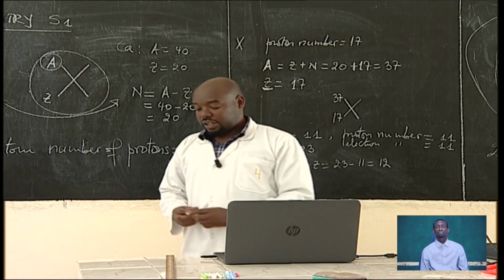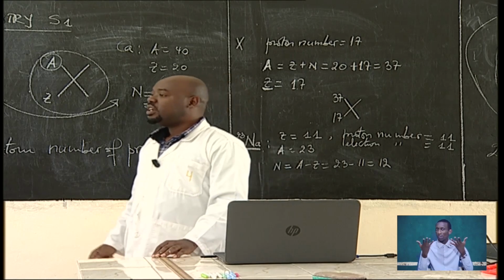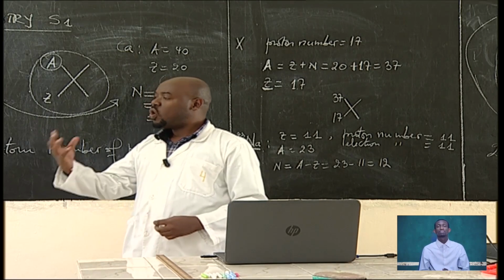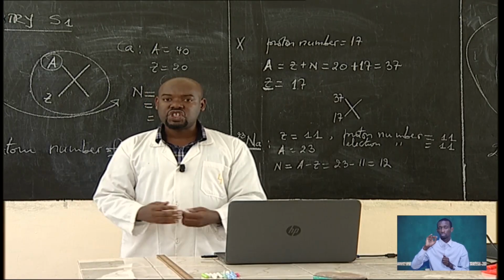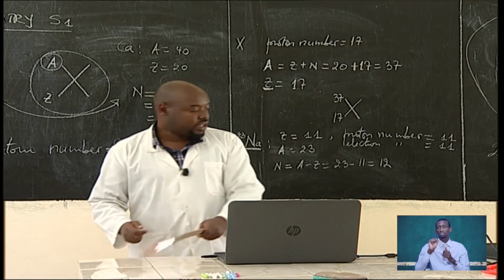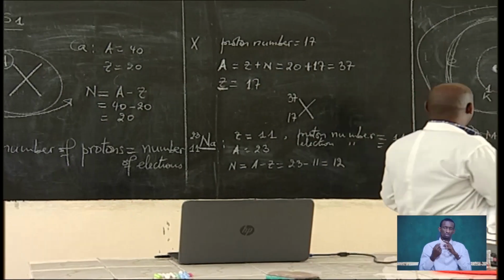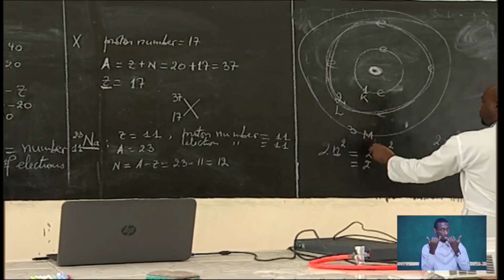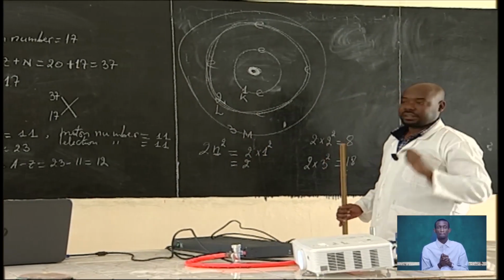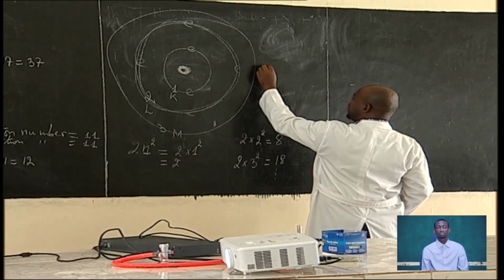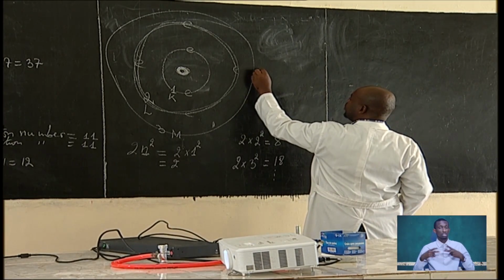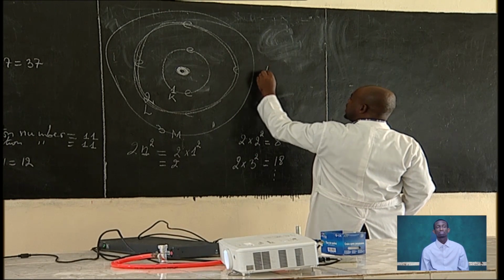And how do we represent the distribution of electrons in those different energy levels, those different shells? We have started here, but now we are going to use the numbers. Let us say we have an element which has 11 electrons.